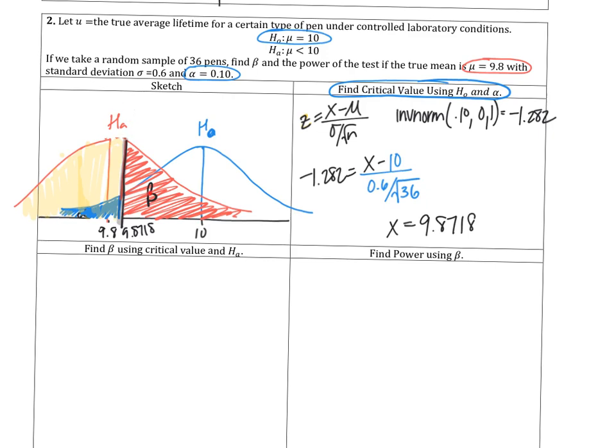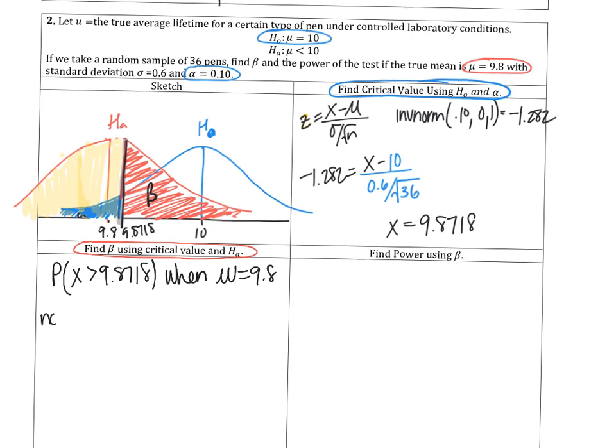So beta is the area above 9.8718. So we're looking at the probability of an x value greater than 9.8718. And this is when mu is equal to 9.8 because we are solely looking at that red alternate hypothesis curve.